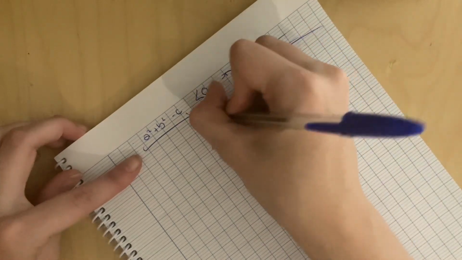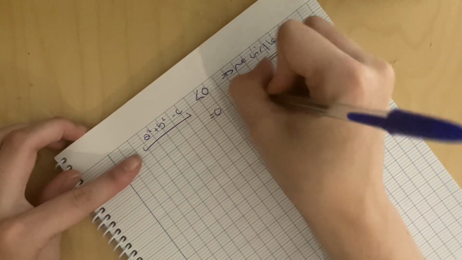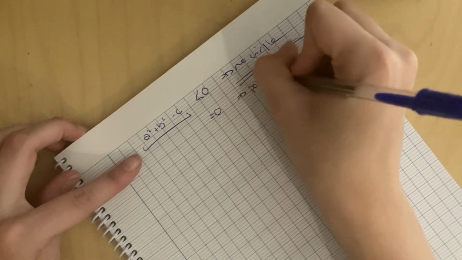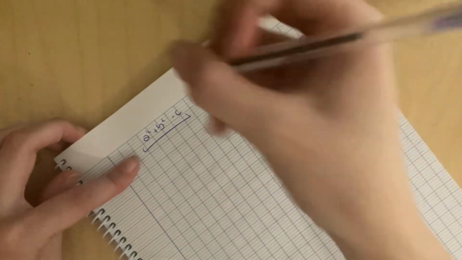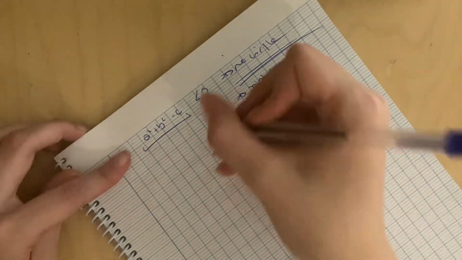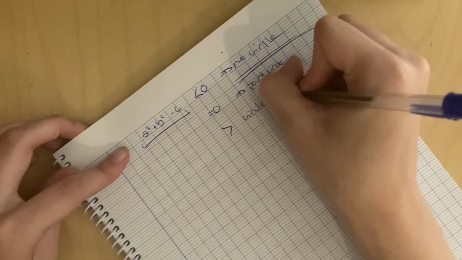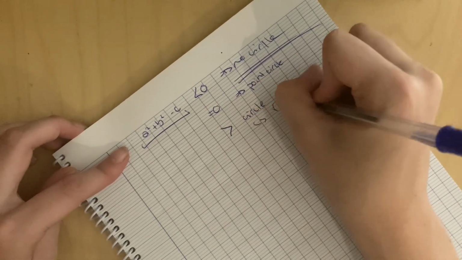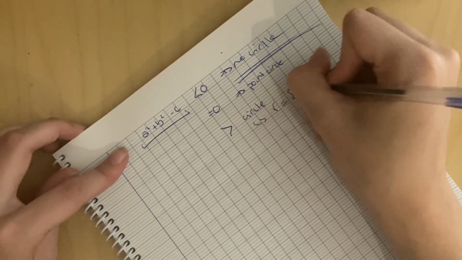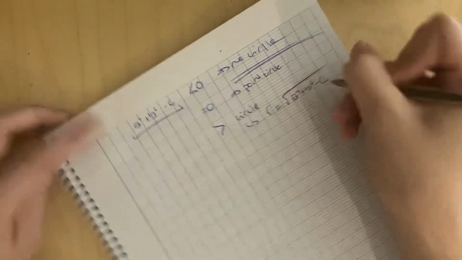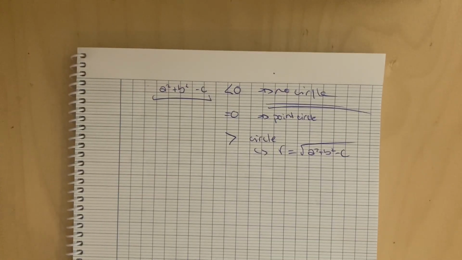If it's equal to 0, then we have what's called a point circle, where the circle is just a point. If it's greater than 0, we've just got a normal circle with a radius of the square root of a squared plus b squared minus c. I'm pretty sure that that's everything that we need to talk about circles.